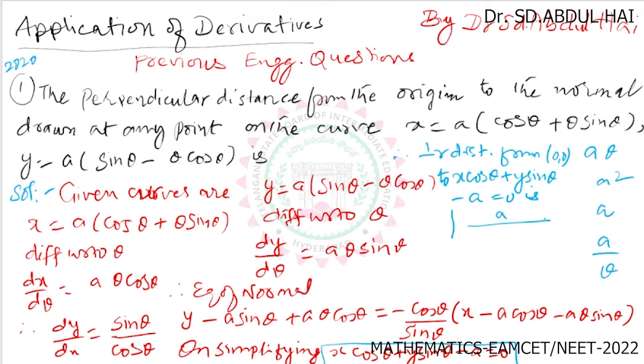What is a here? Cos theta. What is b? Sin theta. Therefore, cos square theta plus sin square theta, which is nothing but 1. Which gives me a by 1, which is nothing but a. Therefore, my correct answer is the third option. Have you clearly understood this?